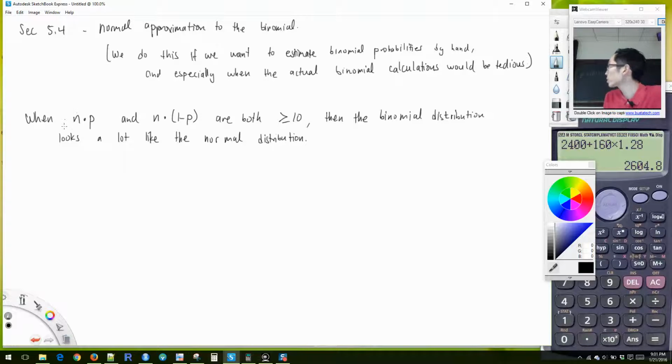So basically your sample size n just needs to be large enough so that both n times p and n times 1 minus p are greater than or equal to 10. So n needs to be fairly large.